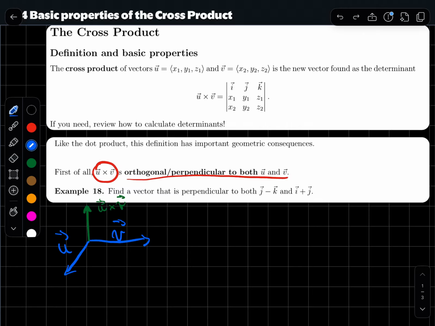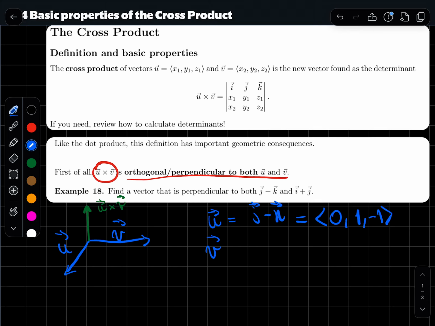So if you look at example 18 there, we're asked to find a vector that's perpendicular to both j minus k and i plus j. That is the cross product of these two. So I'll say that my vector u is j minus k, so that is the vector 0, 1, minus 1.